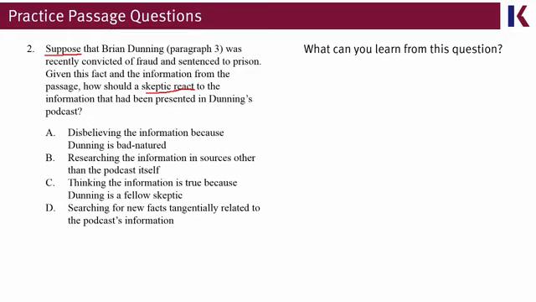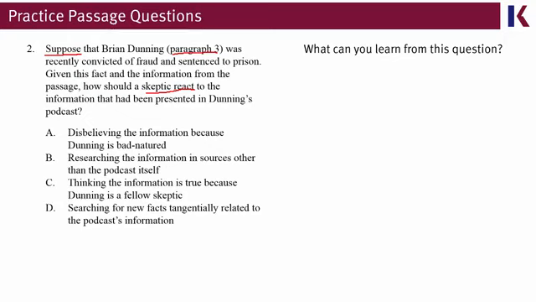Now, I want you to think honestly about how you attacked this question, because a lot of students are going to jump right back to paragraph 3 looking for more information about this guy, Brian Dunning. But actually, the point of this question is, how would a skeptic react to some kind of information? If we think about the big picture of this passage, a skeptic would probably react to this or any information by being skeptical.